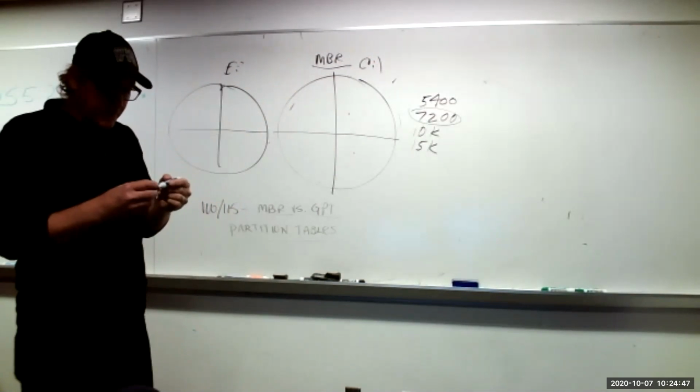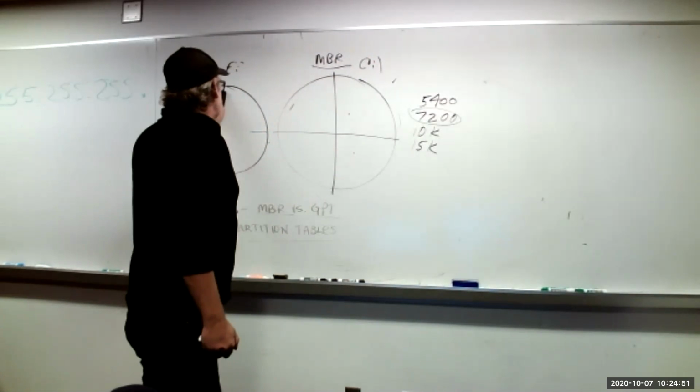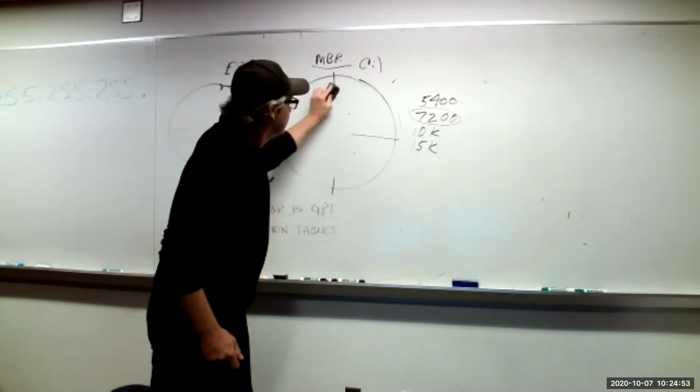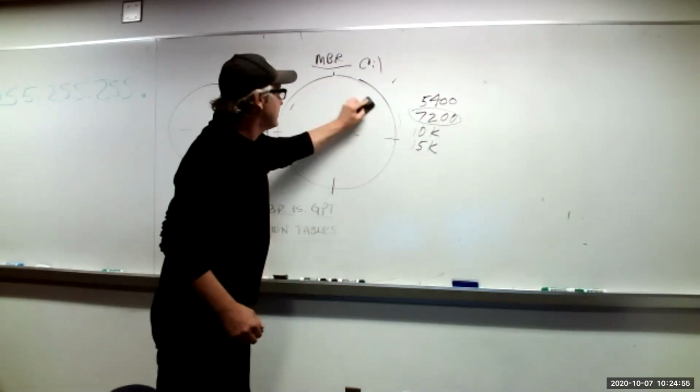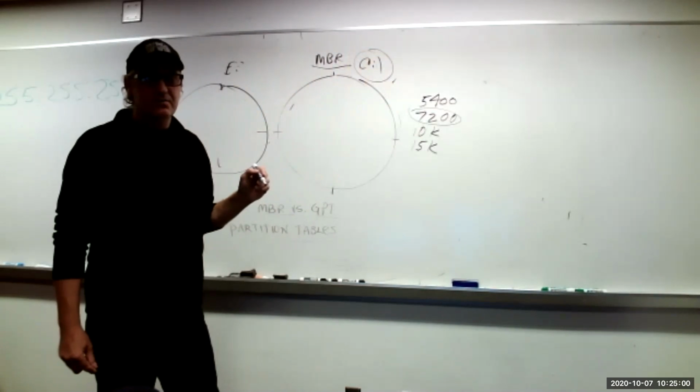So that worked out pretty well for a long, long time, because most people didn't really need more than 1 partition. On most computers, you would just have one big C drive, right?